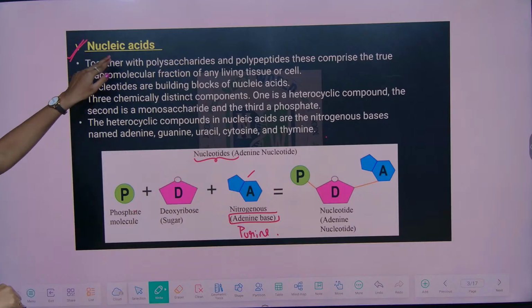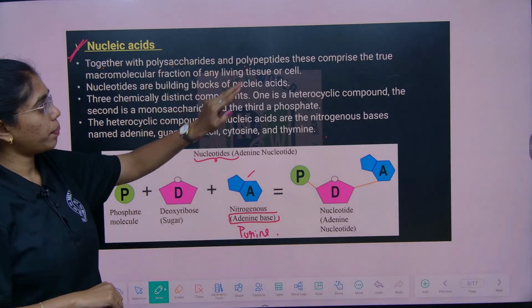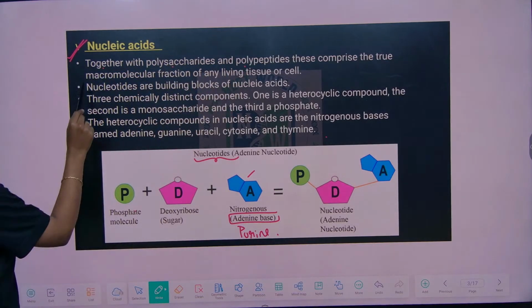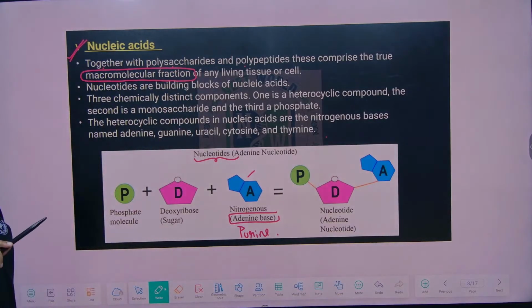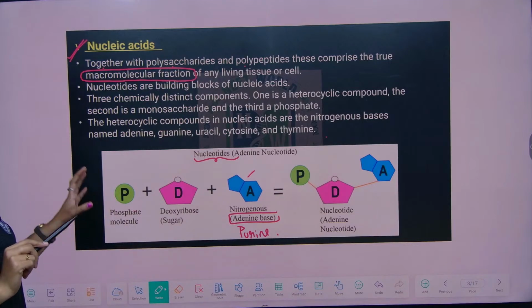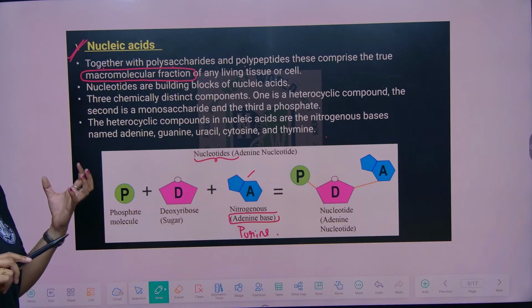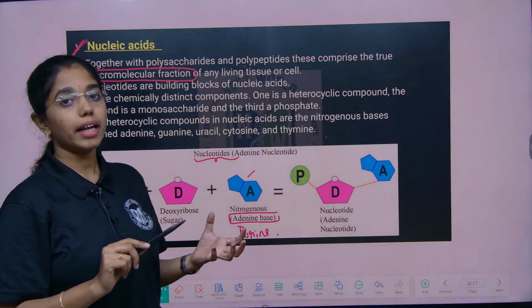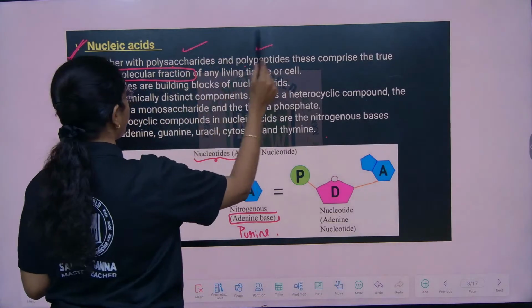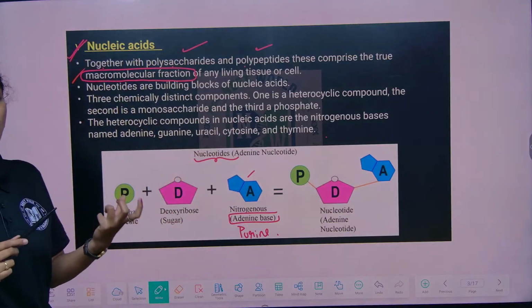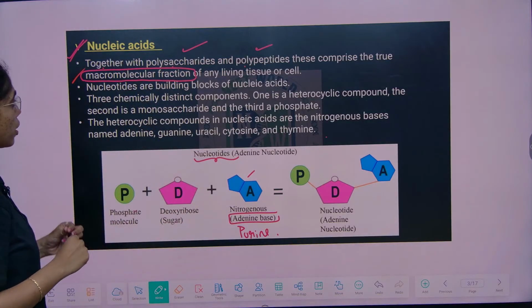Together with polysaccharides and polypeptides, these comprise the true macromolecular fraction of any living tissue or cell. Nucleic acids are true biomacromolecules which are obtained in the retentate when you do the chemical analysis, along with polysaccharides and polypeptides.